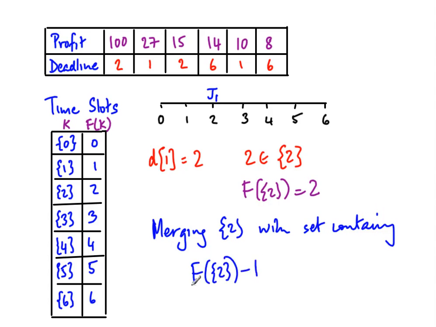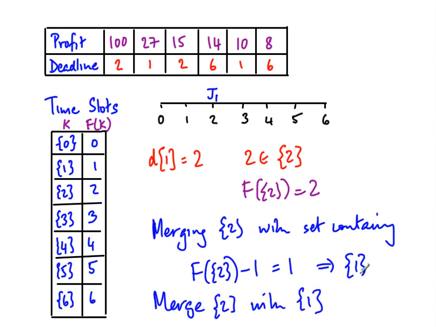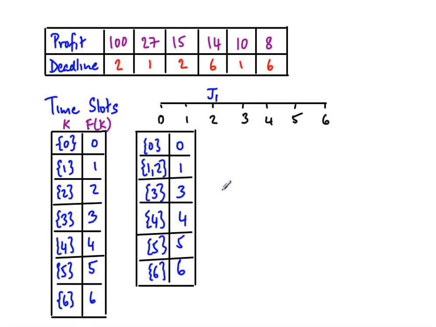So f of 2 minus 1 is just equal to 1 and the set containing 1 is just 1, right? So this means that we merge 2 with 1, right? And this will give us a new picture as follows. The number of sets has collapsed by 1 because the elements 1 and 2 have now been merged into the same set, and for that set the f value is 1.